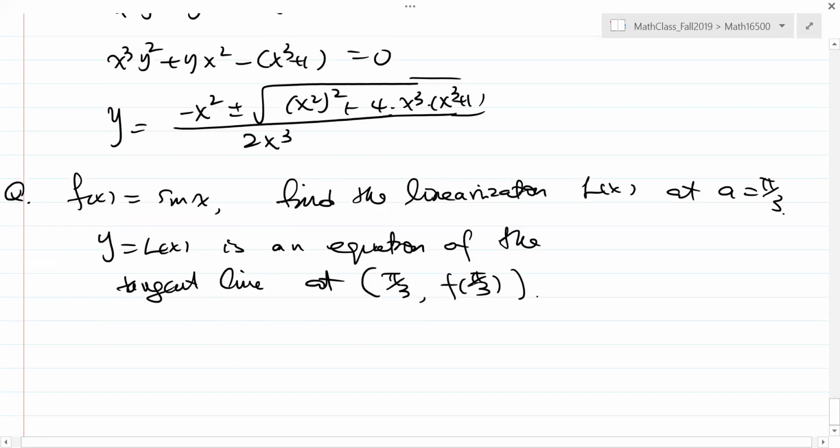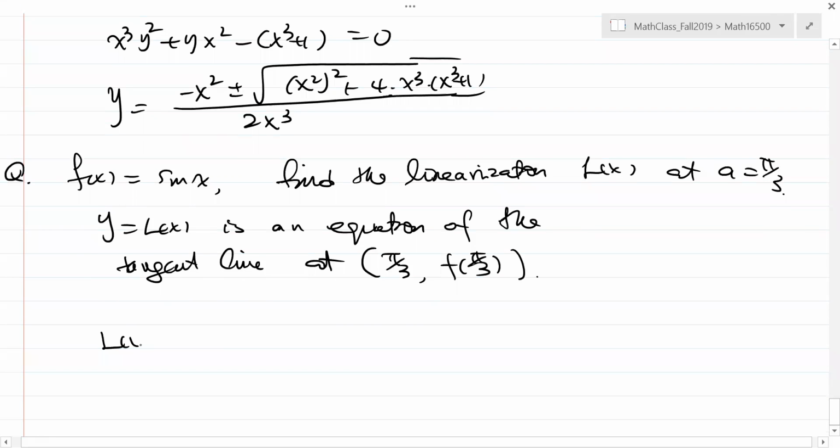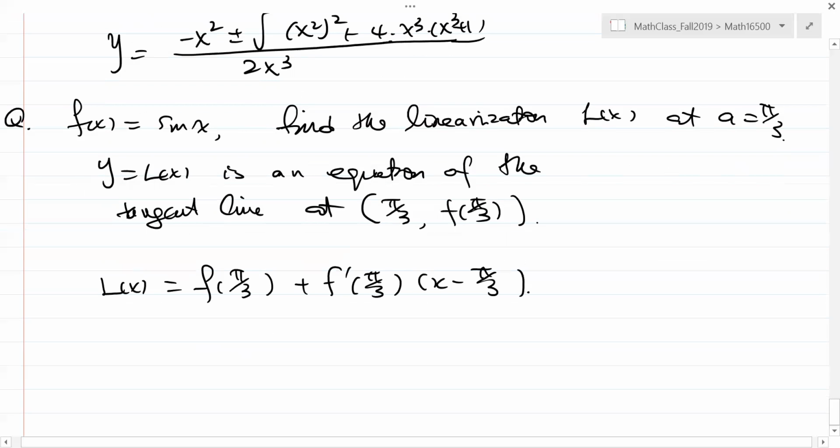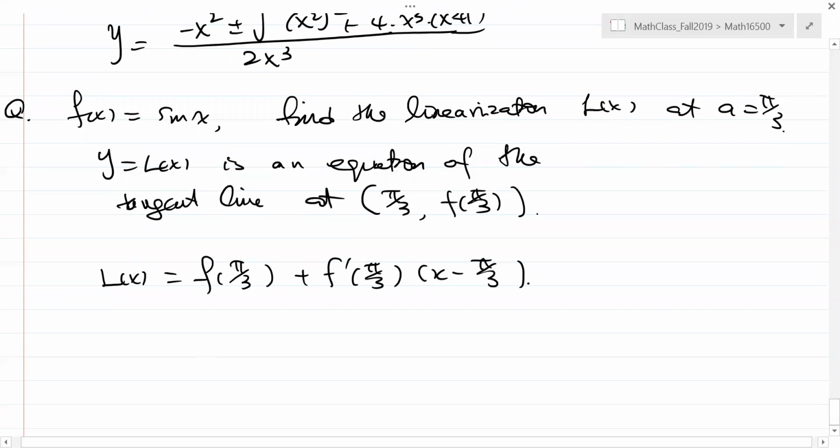In general, we are not going to approximate sine x using the tangent line, but I want you to understand the geometric meaning of this equation. So what we do is we write down the formula: f(a) plus f prime of a times (x minus pi over 3). You write down that formula first before you do the computation. All right, so what you have to do is find the derivative.